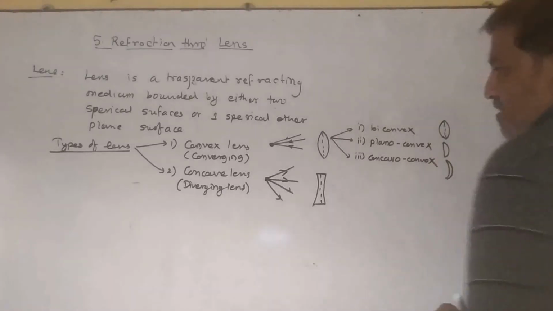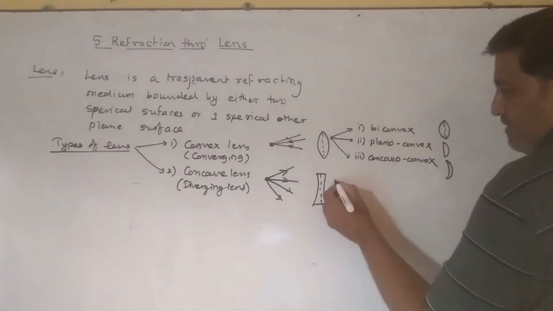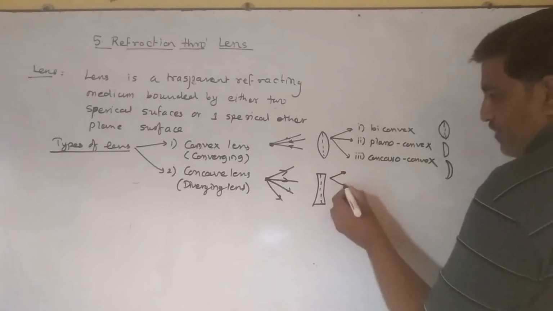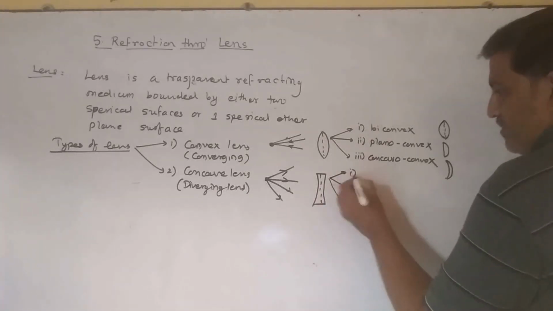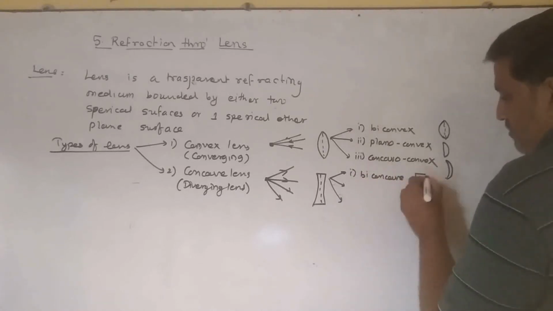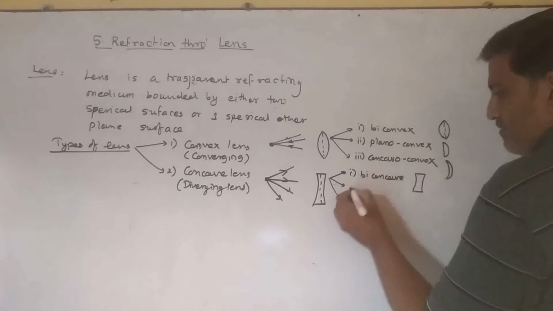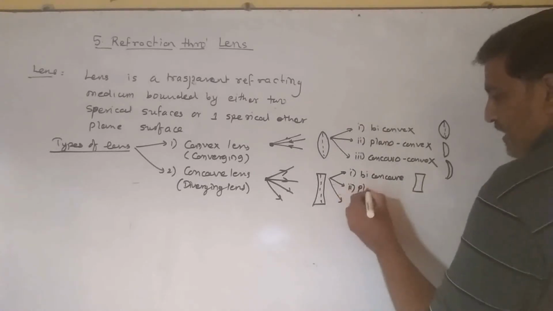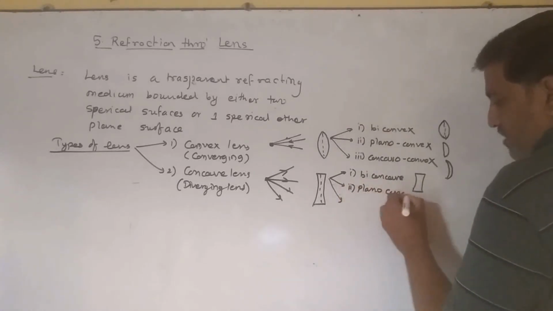Similarly, the concave lens is categorized into three different categories. First one is biconcave, both sides are concave over here. Second lens is plano-concave.